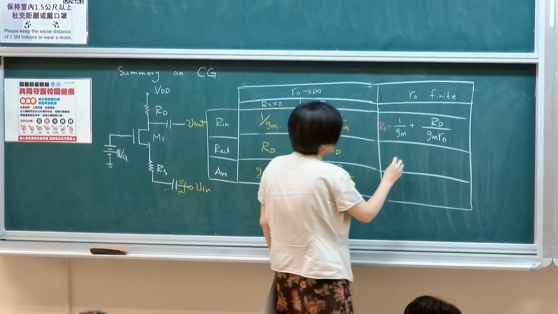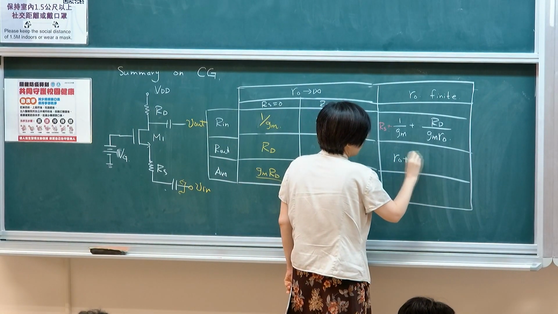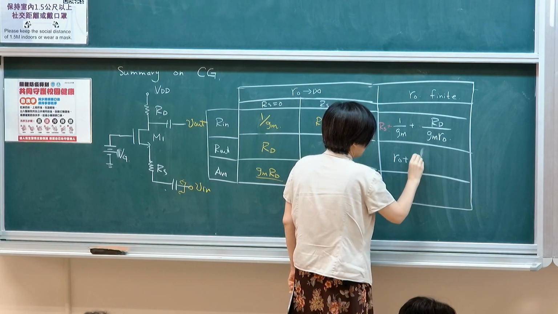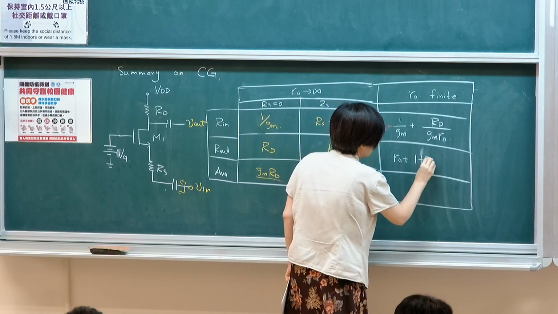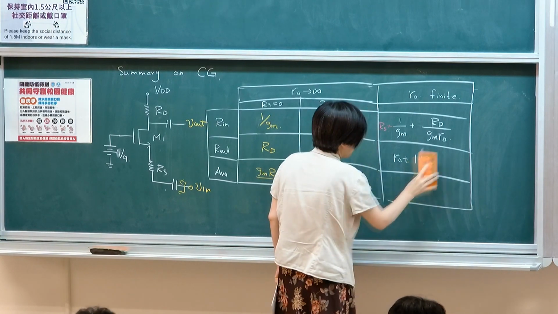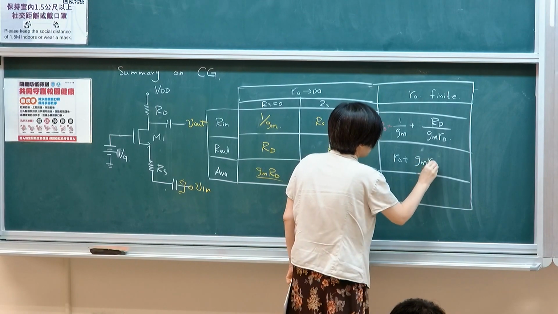From the output terminal, you will then have RO plus 1 plus Gm RO. Let me just use the same approximation, assuming that Gm RO is large.